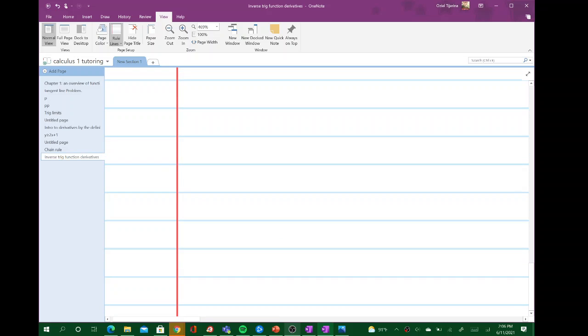The second one is a little bit harder. It says f of x is equal to cosine inverse of 3x plus 1.